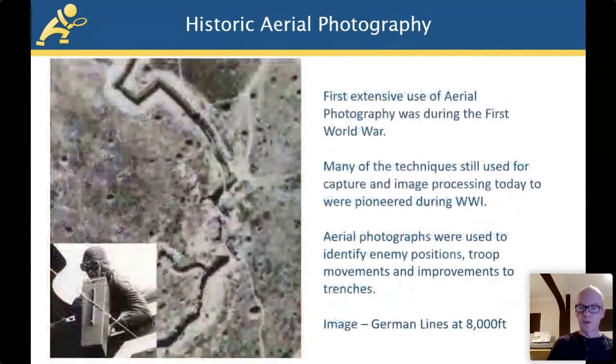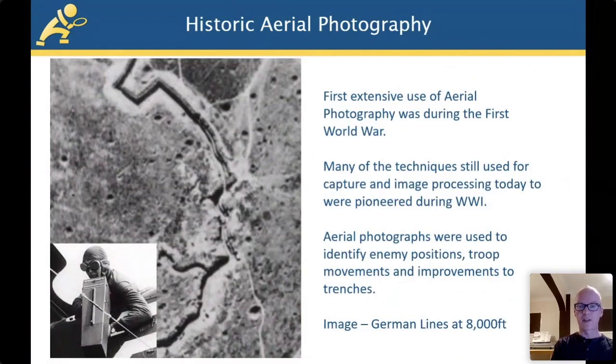But photography really took off, as with many sources of technological advance, in the military, and it was extensively used in the First World War. Many of the techniques used to capture and process images today were pioneered in the First World War. And there's an example of an image of German lines at 8,000 feet.